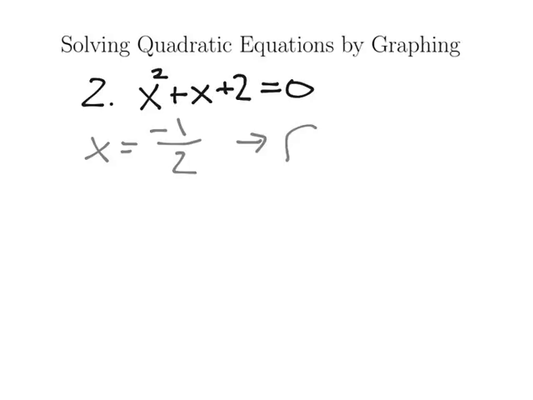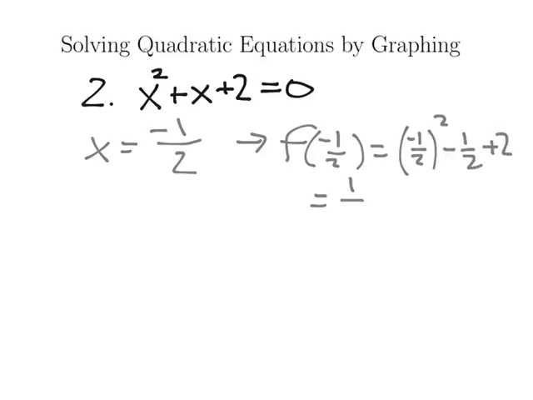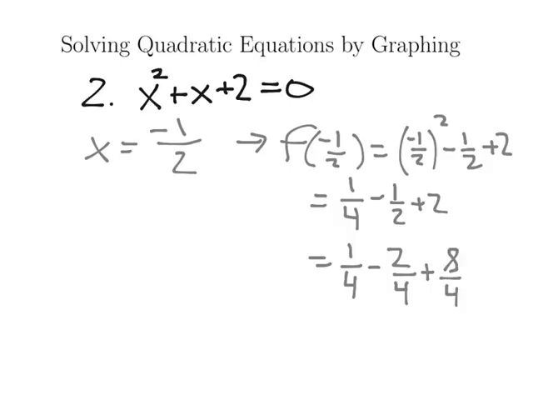And now if I evaluate the function at negative 1/2, that's negative 1/2 squared minus 1/2 plus 2, which is 1/4 minus 1/2 plus 2, which is 1/4 minus 2/4 plus 8/4. So my y value at the vertex is 7/4.